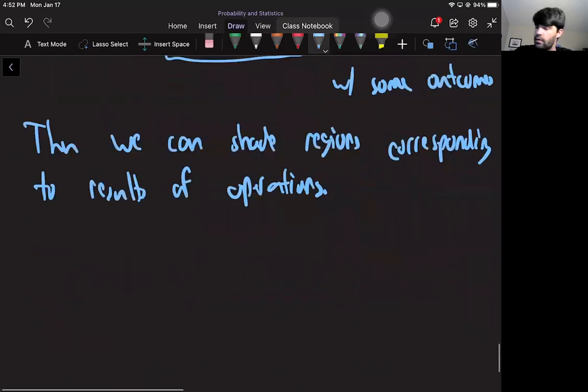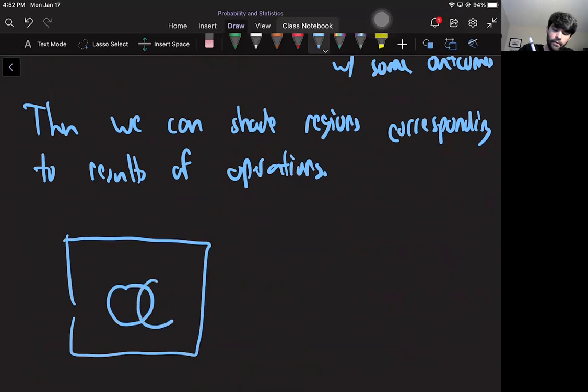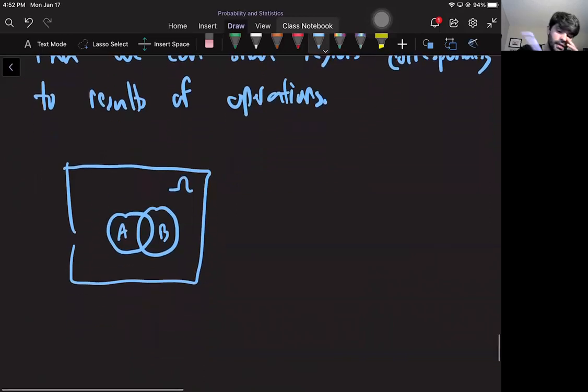Okay, so first example, if I want to know visually what the intersection of A and B is, I can just shade it right here. So it's the stuff in both bubbles.